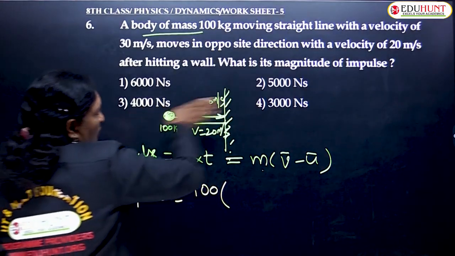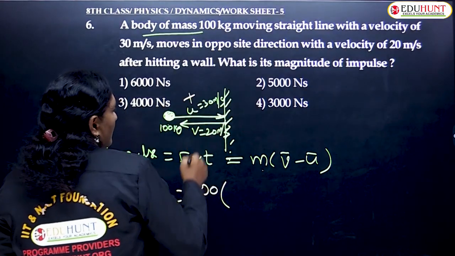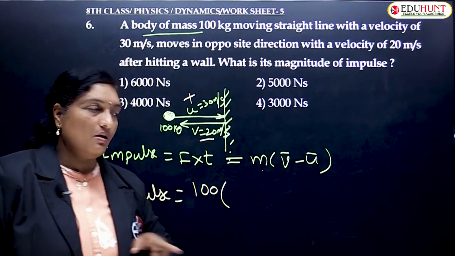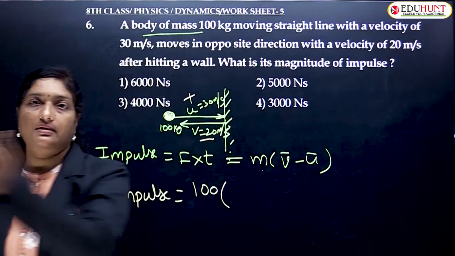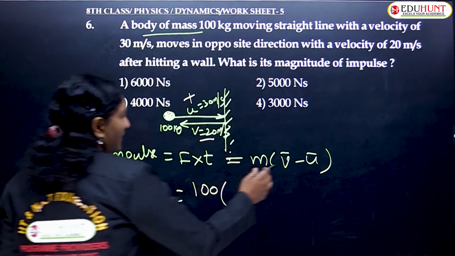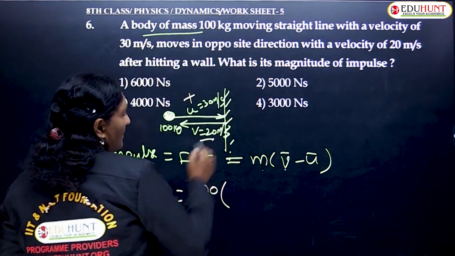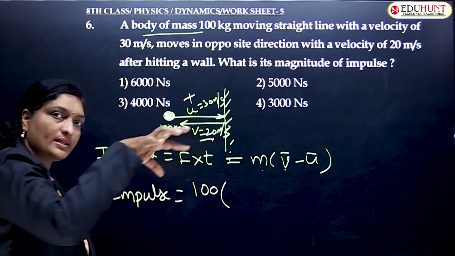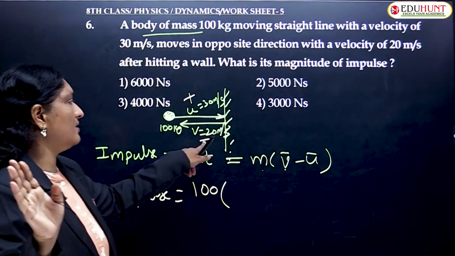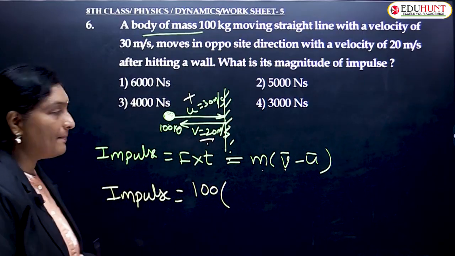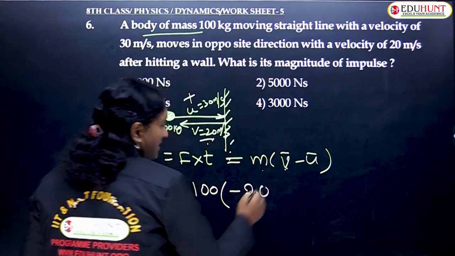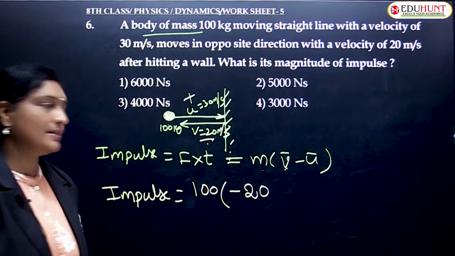Children, if you take the forward direction as positive, then the backward direction must be negative. Direction is opposite. If this is the positive direction, the other must be the negative direction. So here instead of V, what do I write? Magnitude is 20 meter per second, direction is opposite. So for the representation of direction, I use minus. So instead of 20, because it is moving in the opposite direction, I need to represent it as minus 20.